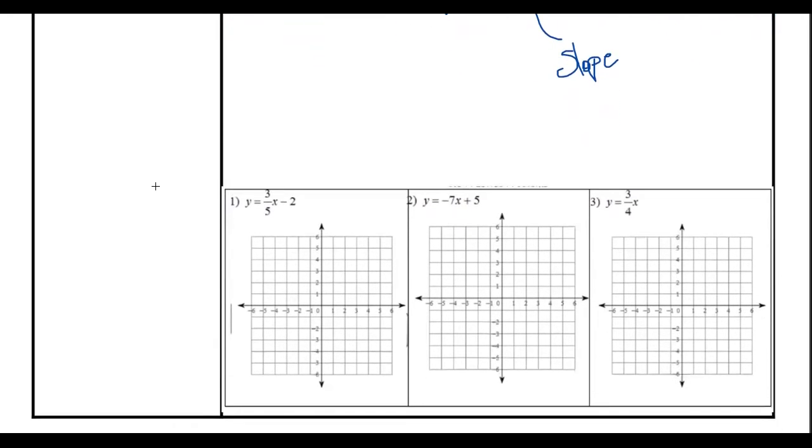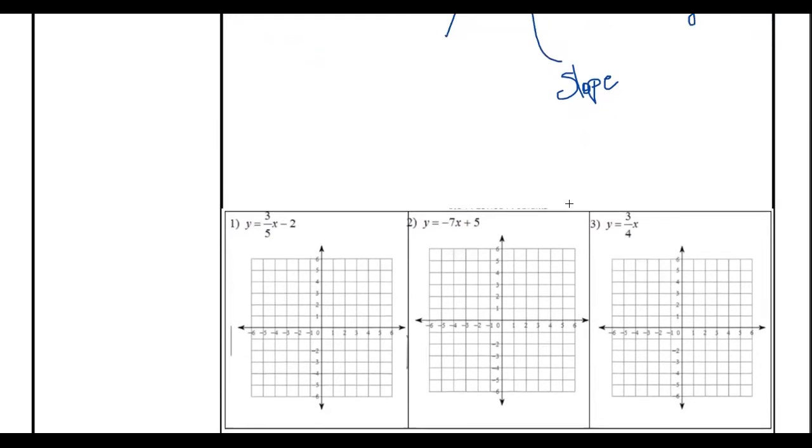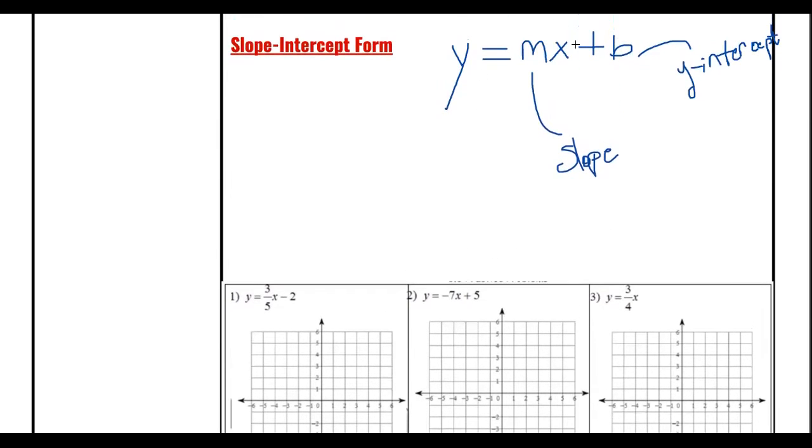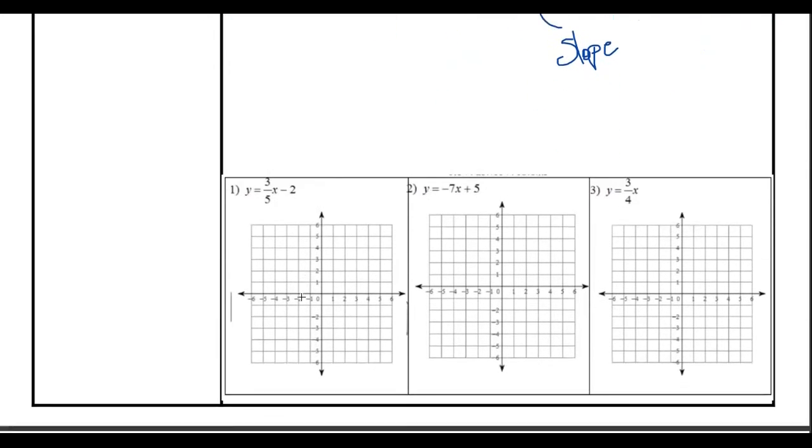So 1, 2, and 3, we are going to be graphing these equations. Now, if you notice, all of these equations are written in slope-intercept form. They all say y equals something x and then something behind it, okay? Let's look at number 2 together.